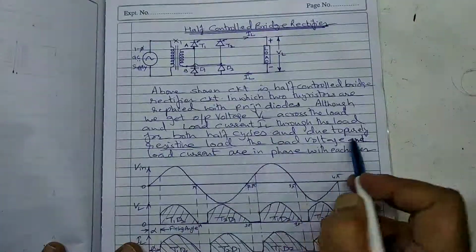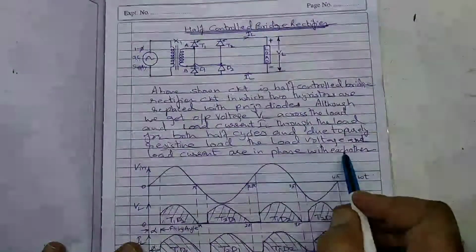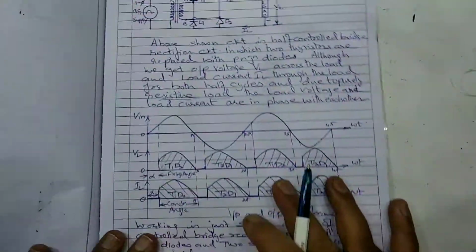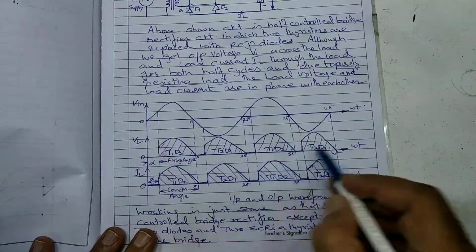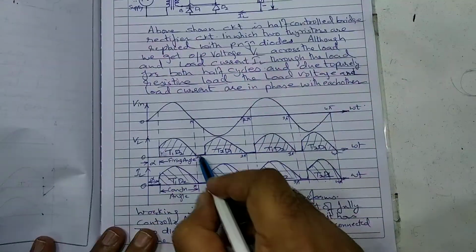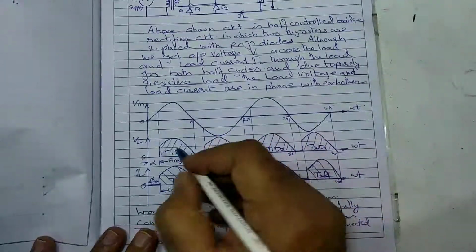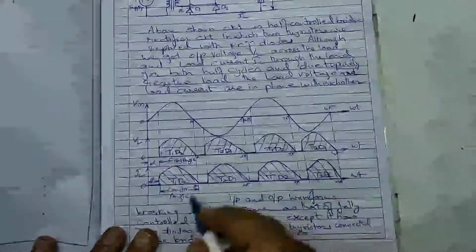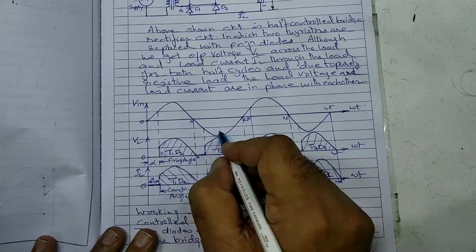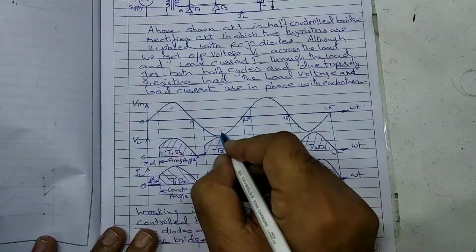The load voltage and load current are in phase with each other since it is a purely resistive load. We can see the input and output waveforms. From 0 to pi, T1, D2 are forward biased. This is the positive half cycle, and this is the negative half cycle.